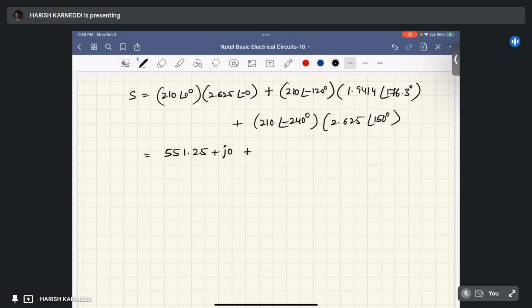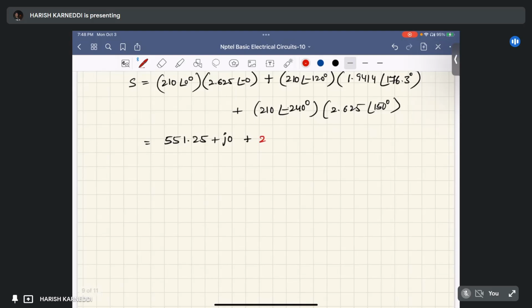What about the next one? 210 at an angle of minus 120 degrees into 1.9414 at an angle of 176.3, which equals, I will represent it in a different color, 226.2 plus j339.18, right? What about the third one?